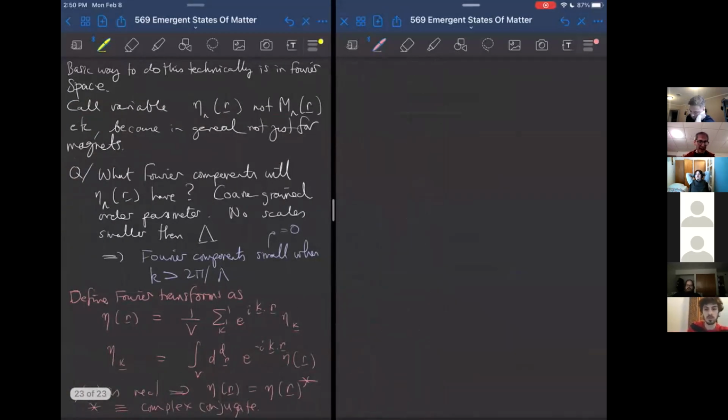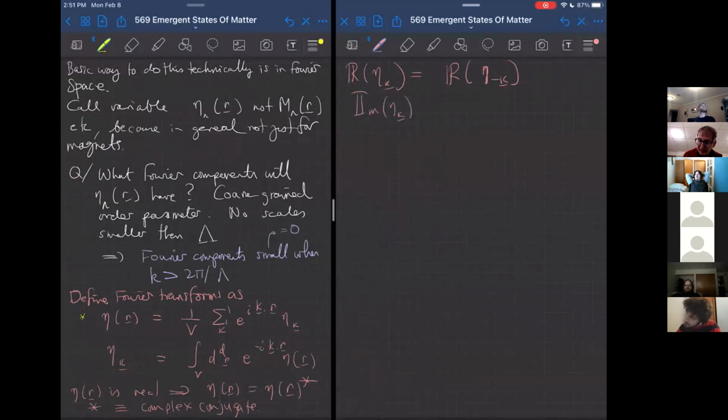Knowing that eta is real, if I take these equations and take the complex conjugate, what that tells me, and you can check this, is that the real part of the Fourier transform of eta of k is equal to the real part of eta of minus k, and the imaginary part of eta of k is equal to minus the imaginary part of eta of minus k.